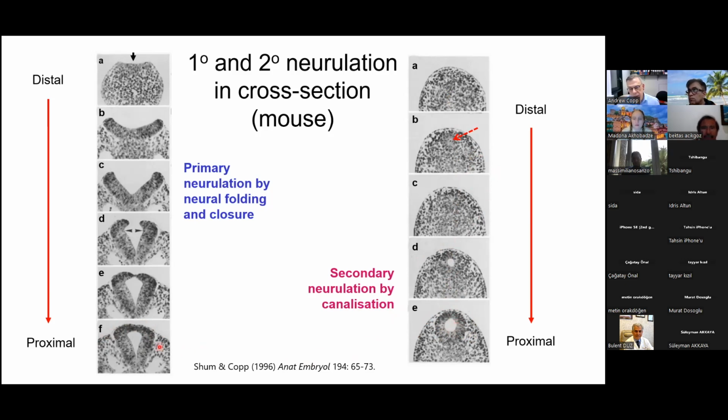And so whereas in the case of the open closure, primary neurulation, the defects are open because the neural folds never finally complete closure, here, most of the defects are ones of tethering to surrounding tissues, and the neural tube fails to fully separate itself during the secondary neurulation process.